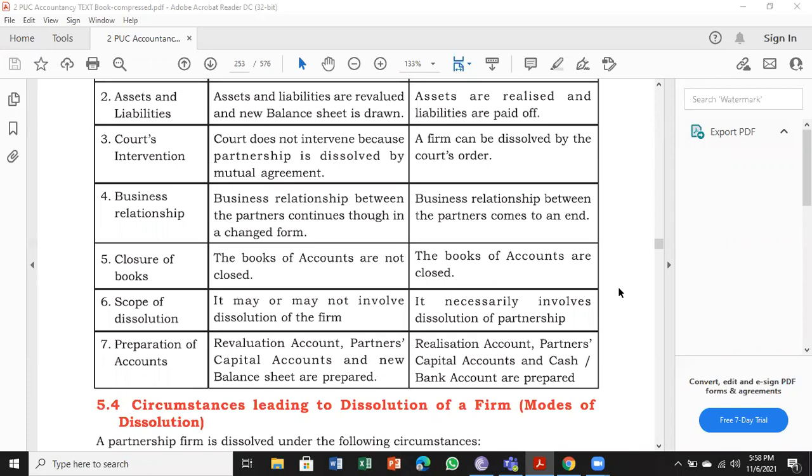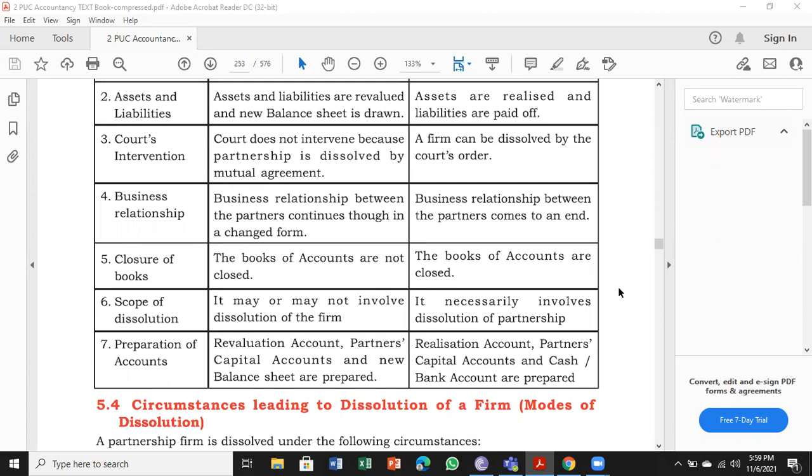So the problems you do under admission, retirement or death, business is not being closed. Business will continue. In case of admission, 2 partners are there, 1 partner will enter, 3 partners continue the business. In retirement, out of 3 partners, 1 partner will retire, 2 partners will continue. In death of a partner, 3 partners will be there, 1 partner dies, 2 partners will continue.